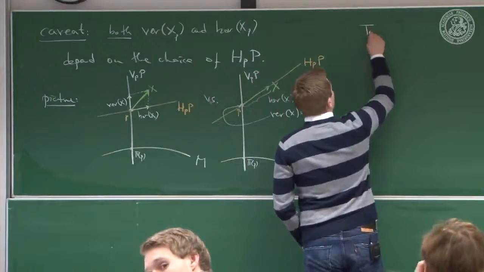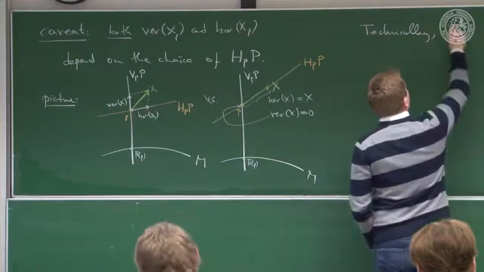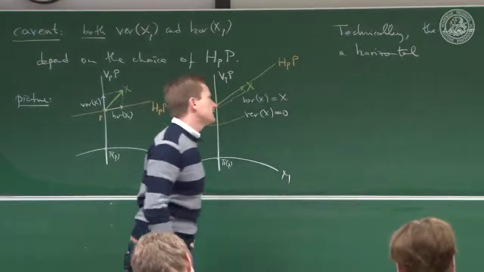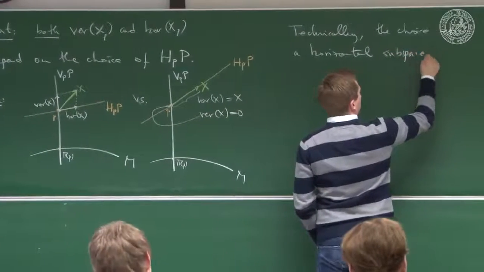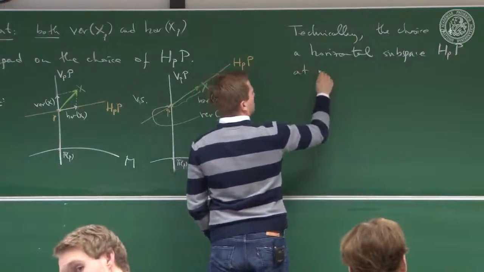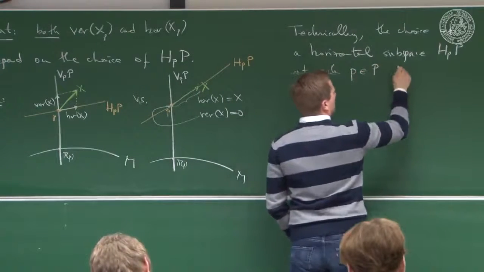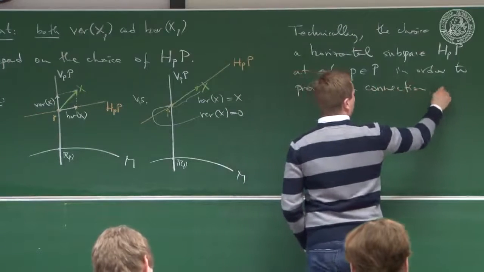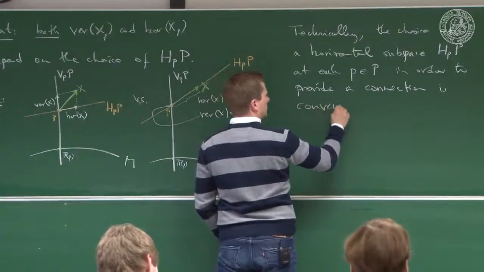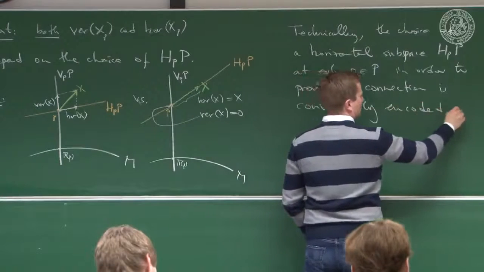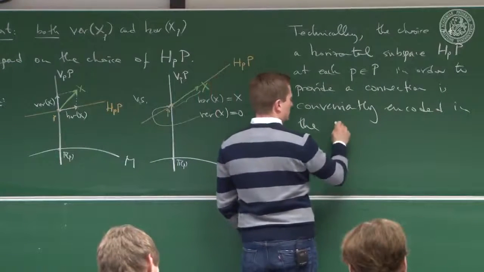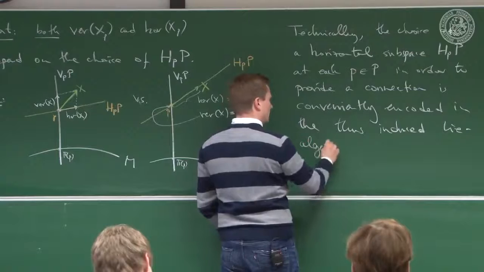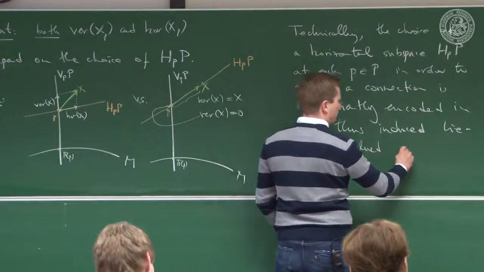So technically, the choice of a horizontal subspace, I didn't introduce this terminology in writing, but I said it several times, of a horizontal subspace HPP at each point P in order to provide a connection is conveniently encoded in the thus induced Lie algebra valued one form.